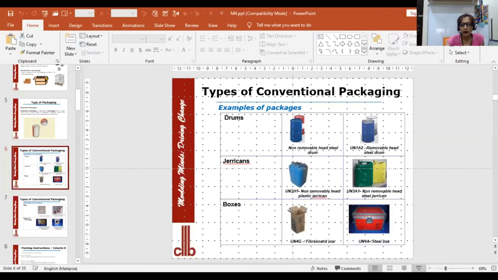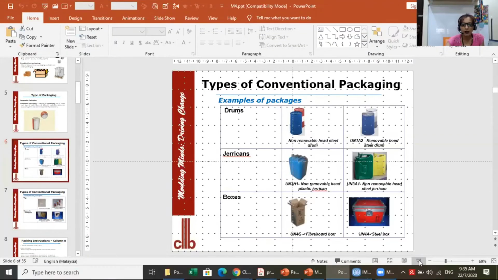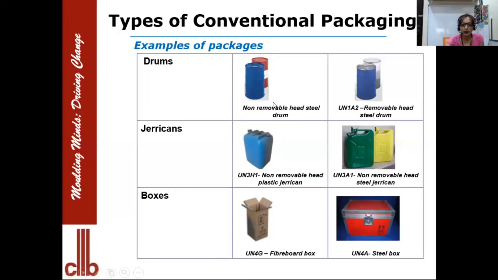Okay, so these are the packages that are in column number 8. Yeah, so you see the 1A2, this is the 1A1, 3H1 for jerry cans, 3A1. So the alphabet is the material, the number is the package.